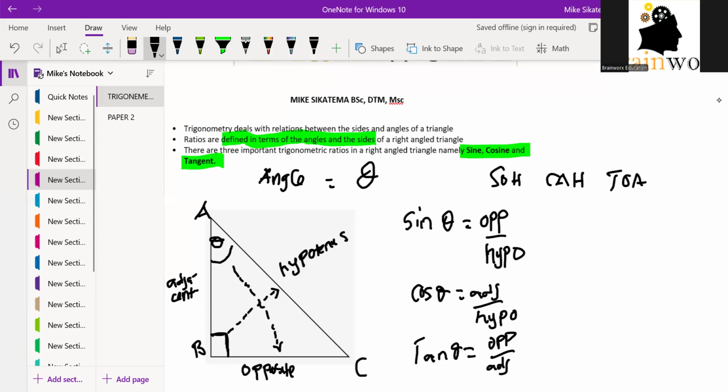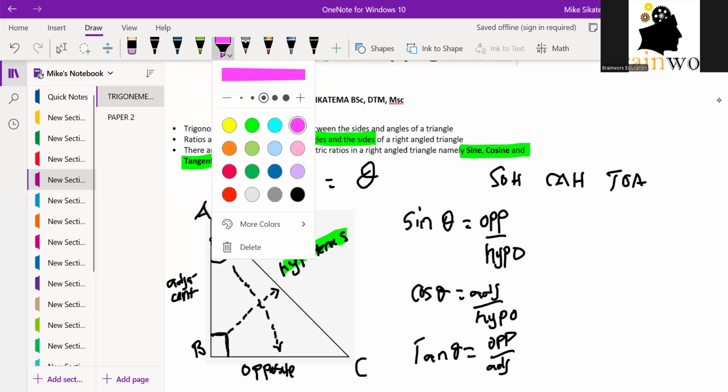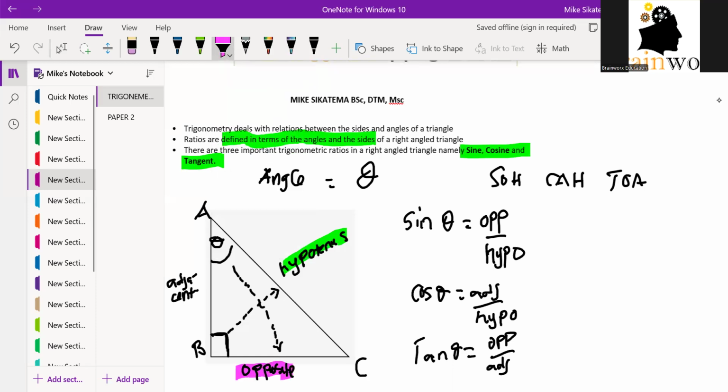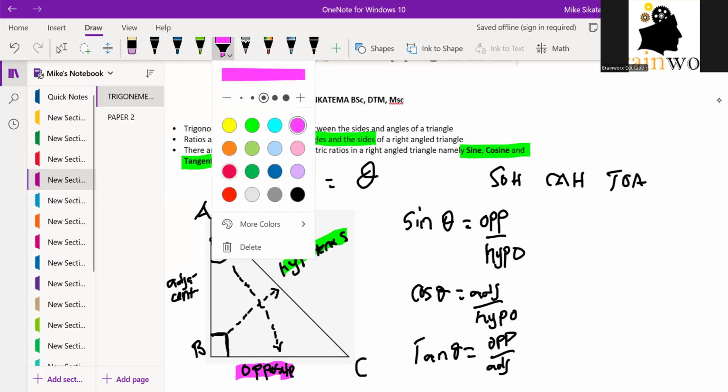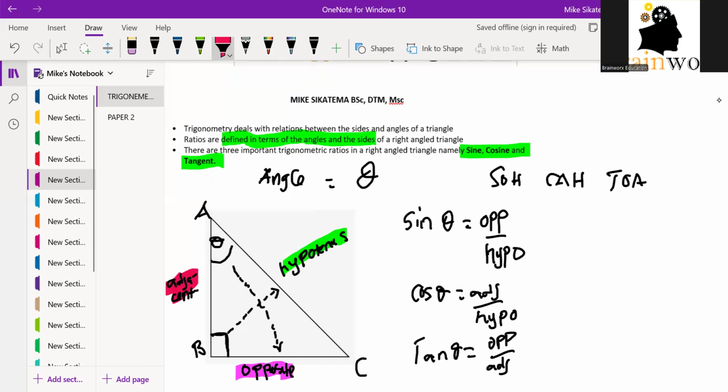So we've been able to describe three trigonometric ratios based on the angle and the given sides. We had the hypotenuse, we had the opposite side, and of course we had the adjacent side. Let's now take theory into practice and look at a given question.